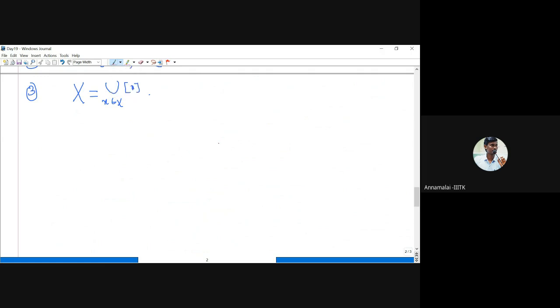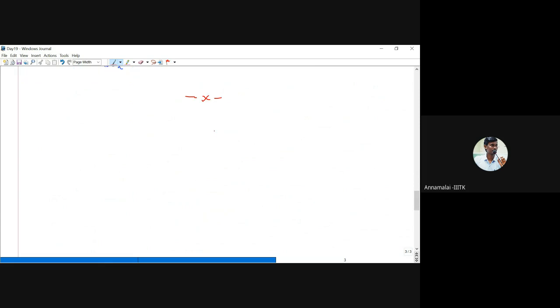We can easily show that N of a is a subgroup of G. So we can say more: the order of the CL of a should be the order of the group G divided by the order of the normalizer of the element a. So order of G by order of N of a is the order of CL of a. This is a very important equation.